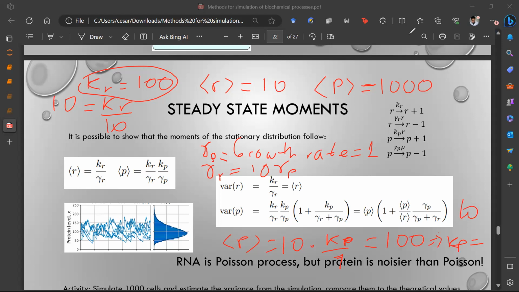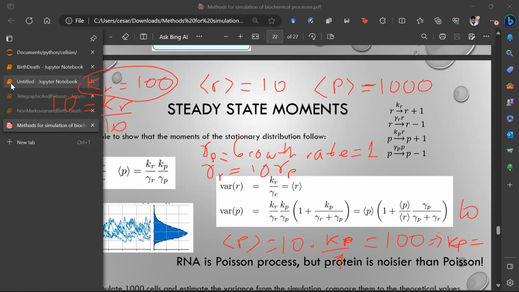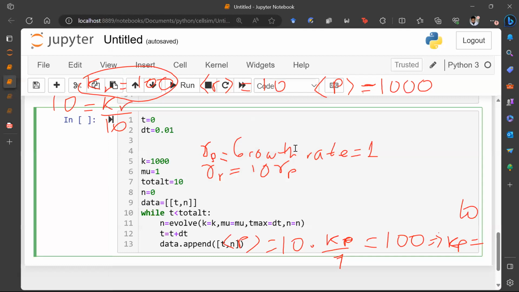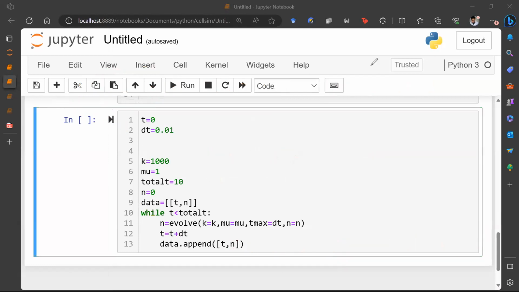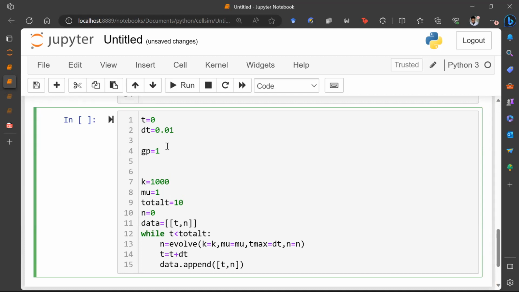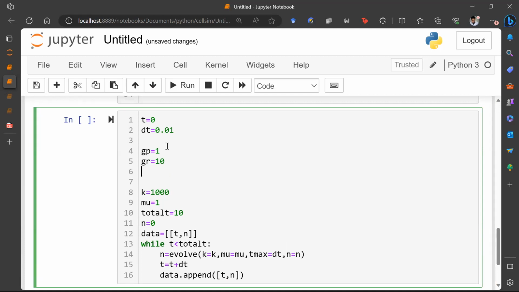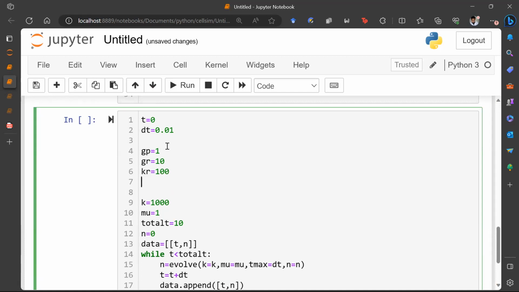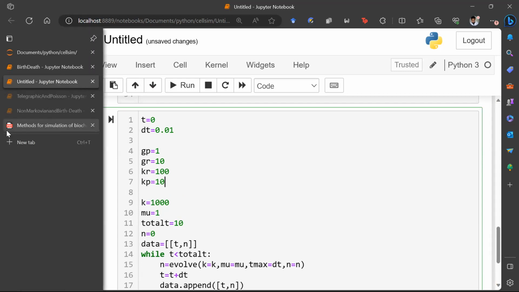So we can start with these approximated rates given the typical numbers. Okay, so gamma P is 1, gamma R is 10, KR is 100, and KP is 10.